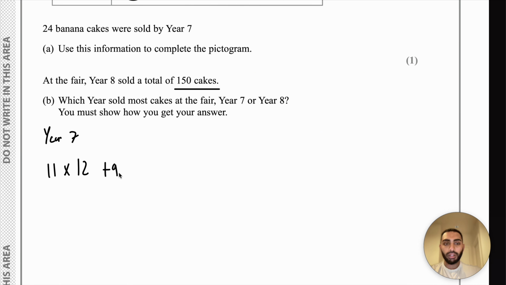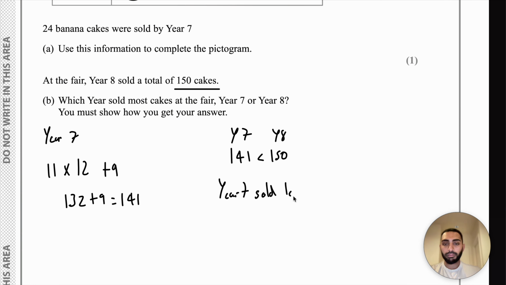So plus 9, that'll be my answer. 11 times 12 is 132. Plus 9 is 141. So now I can compare the Year 7s with the Year 8s. 141 is smaller than 150. The 141 is my Year 7s and the 150 is my Year 8s. So the Year 7s sold less than the Year 8s.